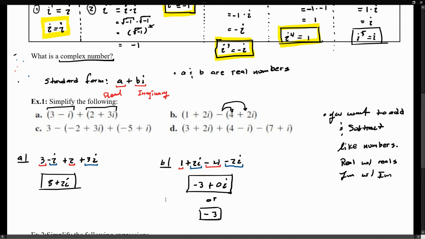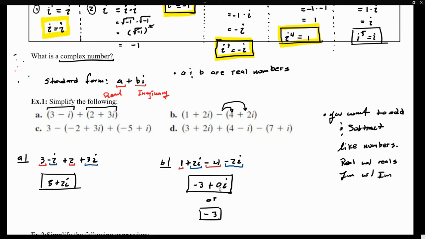Either way. Now, this brings me to my next discussion. We can make a claim that all real numbers are complex numbers, because a real number, in this case negative 3, is definitely a complex number, but it is a complex number where the imaginary part is equivalent to 0.